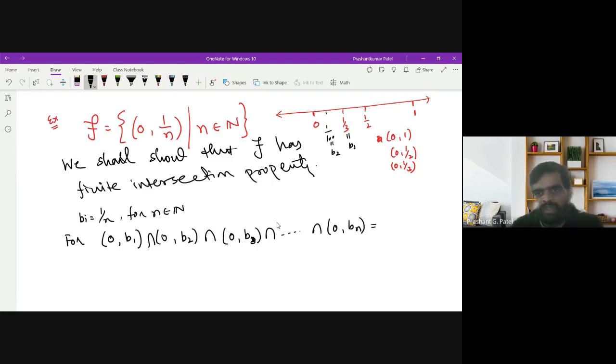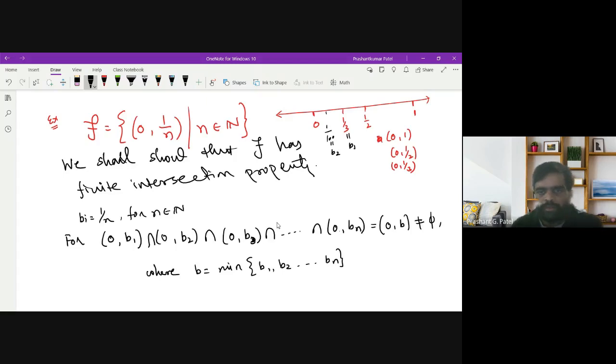You can just see that the intersection is always 0 to b, which is non-empty, where b is the minimum of b1, b2 up to bn.